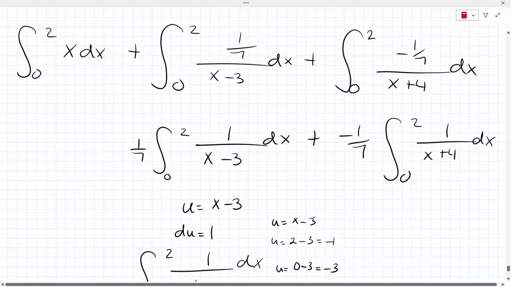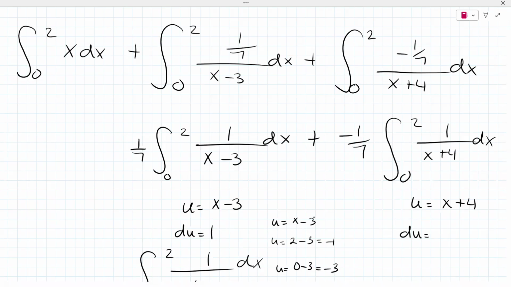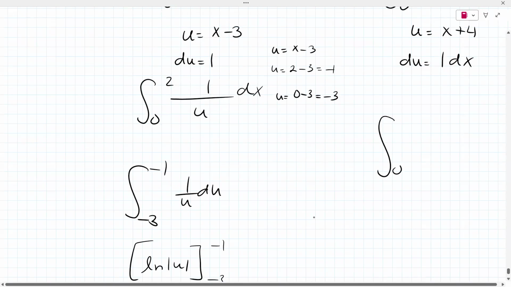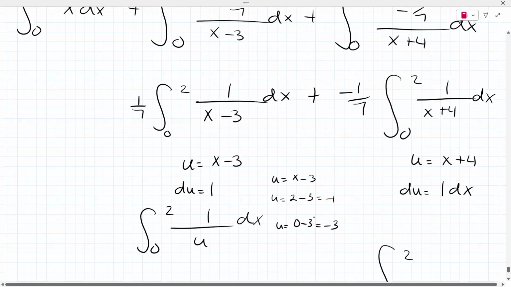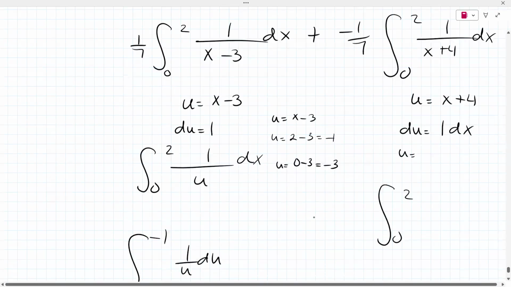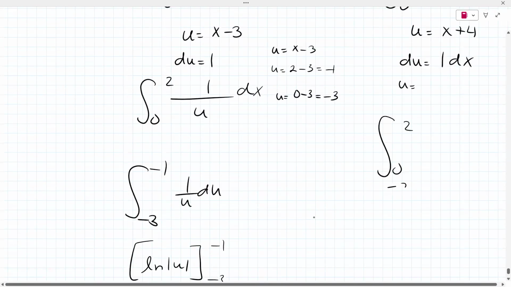And then over here, my u is going to be x plus 4. And my du is 1 dx. So it's going to be from 0 to 2, or you can change your boundaries if you like. So if x is 2, we can use -3 to -1.